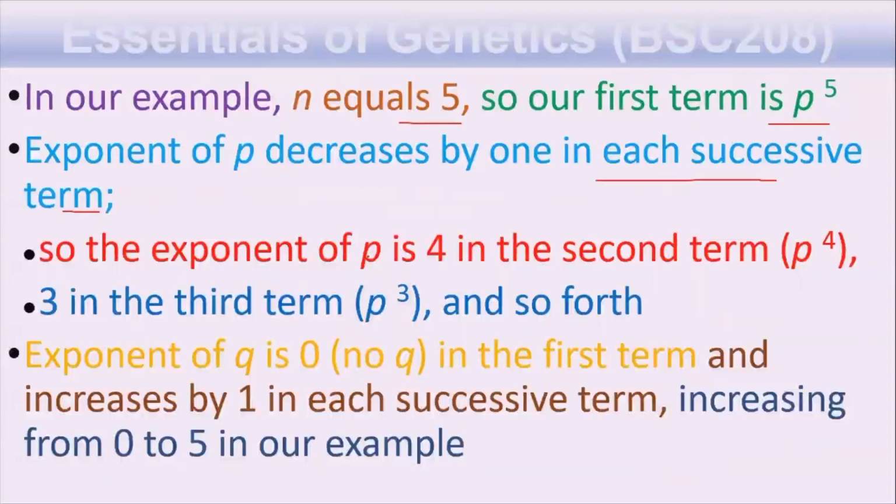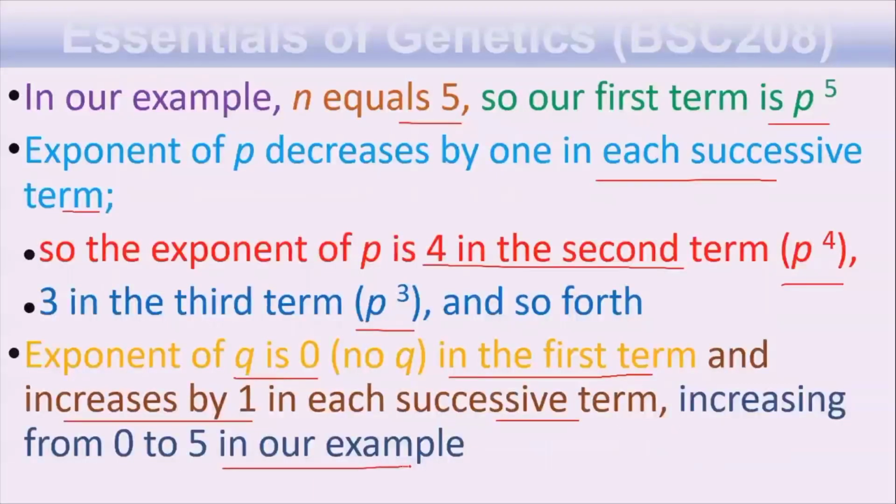So the exponent of p is 4 in the second term, that is p raised to the power 4, and 3 in the third term, which is p raised to the power 3, and similarly in all other terms. The exponent of q is 0 in the first term, and when the exponent is 0, it is always equal to 1, and it increases by 1 in each successive term, increasing from 0 to 1 in our example.